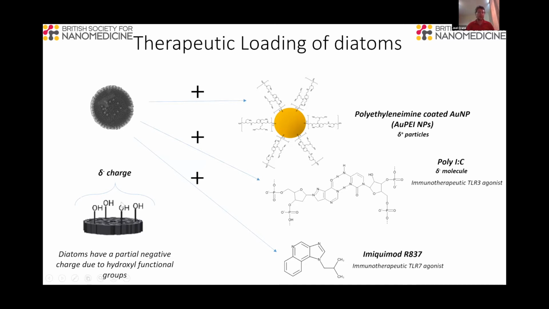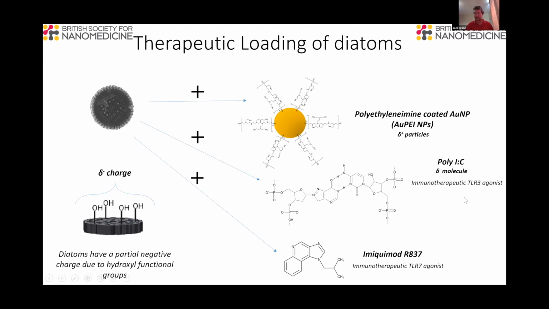So this then gave the surface a partial negative charge. Now, we've been working with some polyethylenimine-coated gold nanoparticles, which are positively charged, which will directly attract to the negatively charged diatoms. And then we've also been working with poly-IC and imiquimod, which are immunotherapeutic molecules.